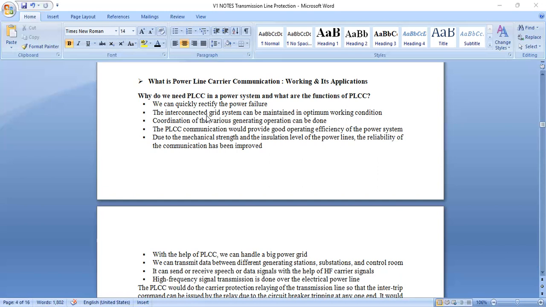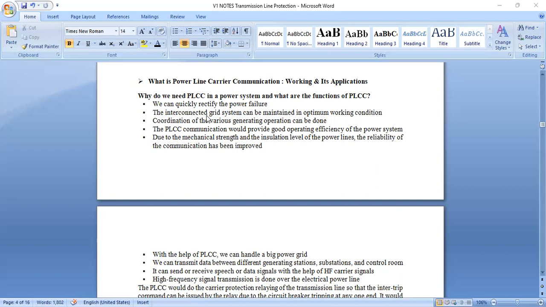We do not depend upon the mobile network or any other services, because in that case there is a lot of delay in the operation, and during that time our system is unstable. To avoid this situation, PLCC is used for communication.